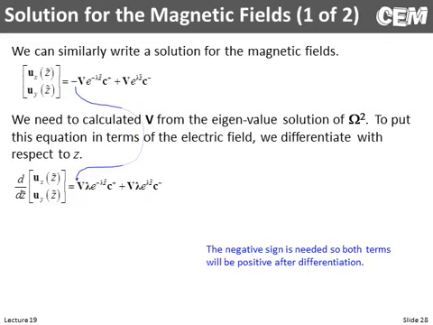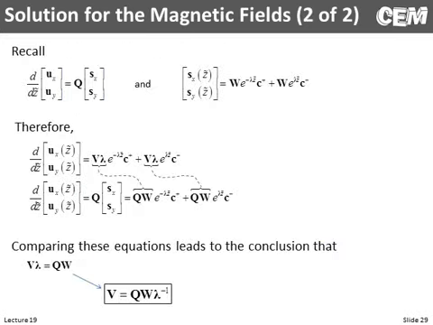Now we can compare this to one of the original two equations that we calculated the wave equation from and figure out expressions for V. So remember, the derivative of the U's was Q times S. And the solution for the S's is expressed in terms of the eigenvectors and the eigenvalues. In the last slide, we took the derivative of the U's and we ended up with this expression.